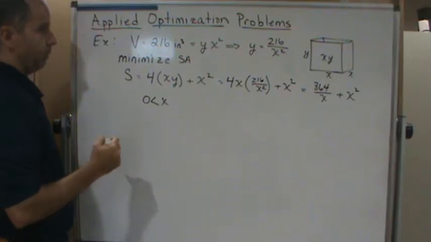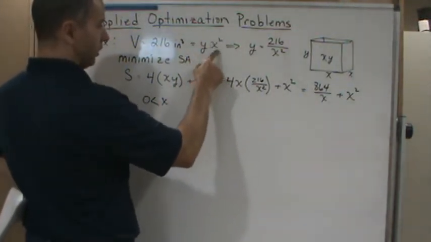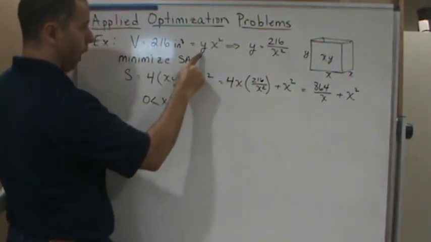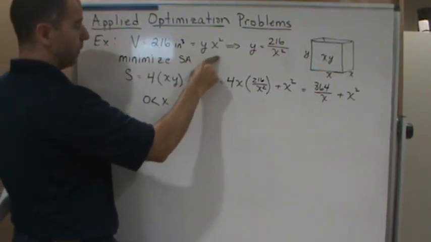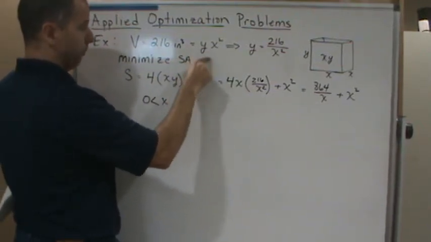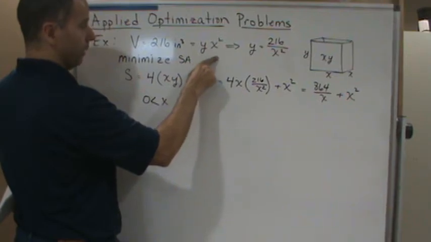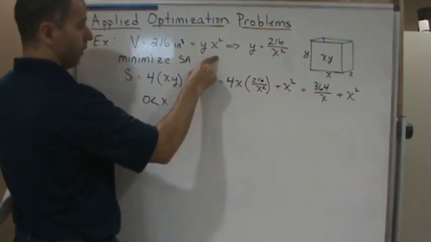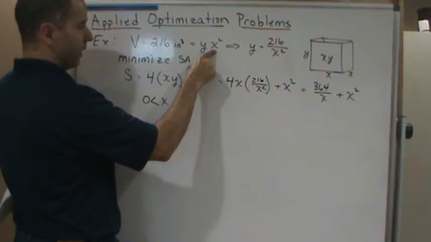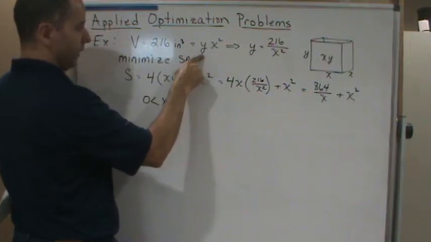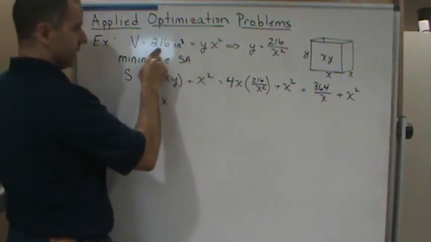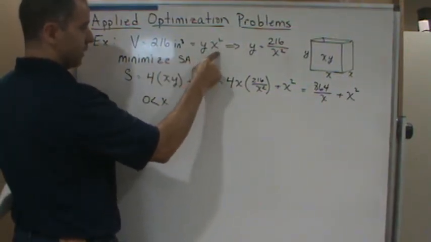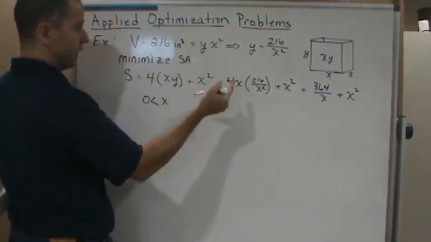But as x gets larger, y is going to have to get smaller, because x squared varies directly as y, or y varies directly as x squared. Because the volume has to stay constant, as one increases, the other has to decrease.